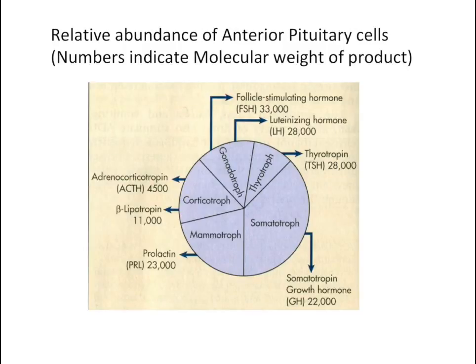And there are different amounts of these cells in the anterior pituitary. Most of them are somatotrophs that release growth hormone, but this graph shows you the relative abundance of those, and also these numbers are the molecular sizes of the proteins that are released, the hormones that are released.